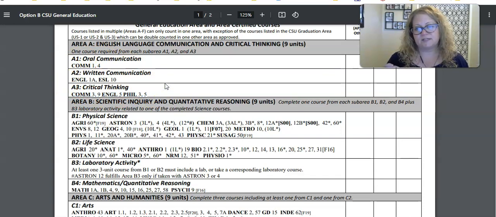They're admissions criteria. And you have to have a C or better in these classes. You can't have a D in Area A. You can have 9 units of Ds on the CSU GE pattern, but no more than that. And it can't be in Area A or B for your math.